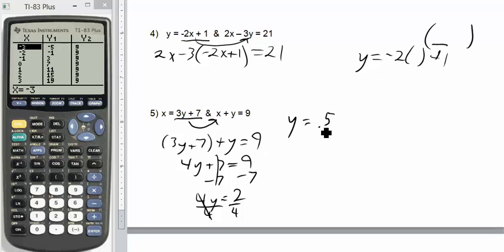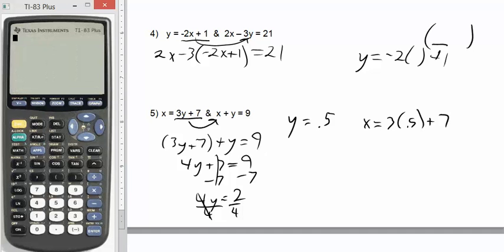So then we have to take this 0.5 and put it back in here. And x equals 3 times 0.5 plus 7. If you don't want to do all the decimals by hand, you can just go in the regular calculator and go 3 times 0.5 plus 7 is 8.5.